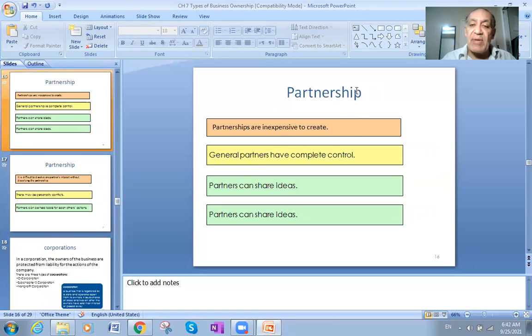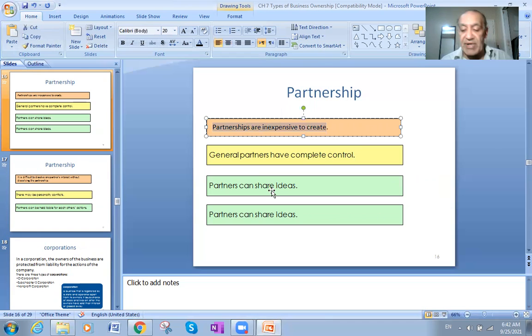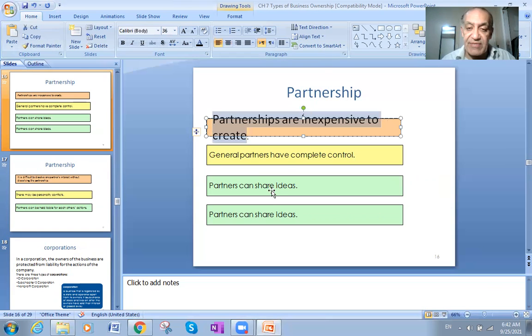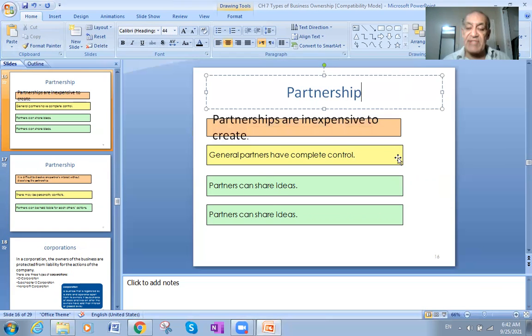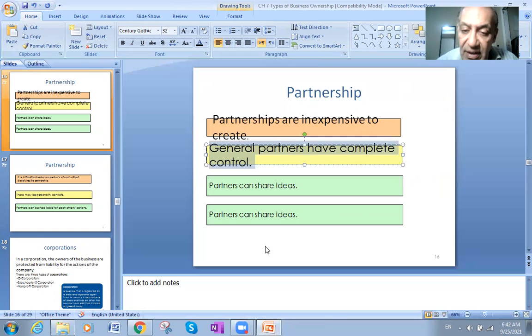So let's talk now about the partnership, the advantages and disadvantages. It is inexpensive to create. General partners have complete control. The general partner is the manager of the business, like we said.